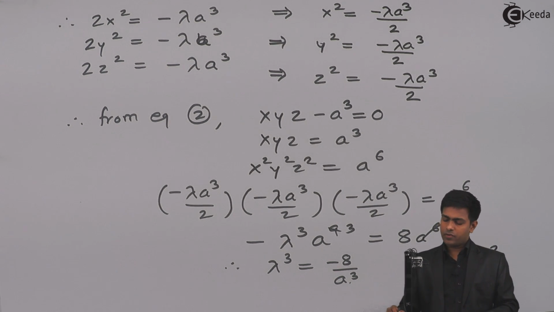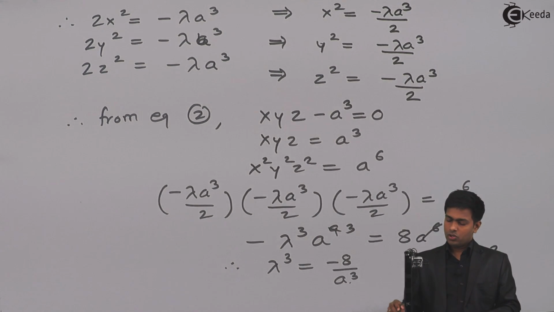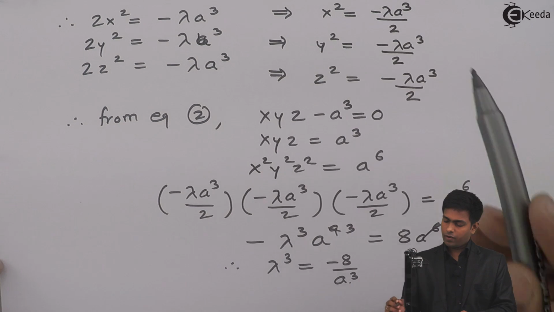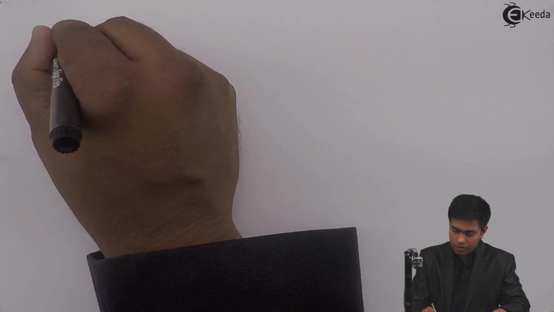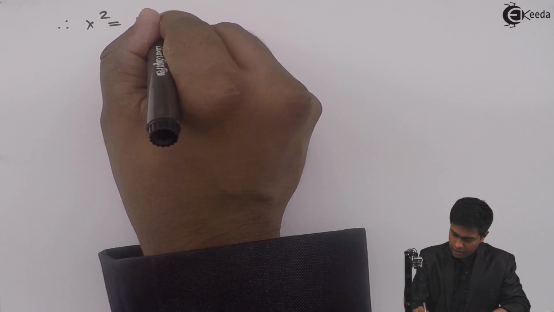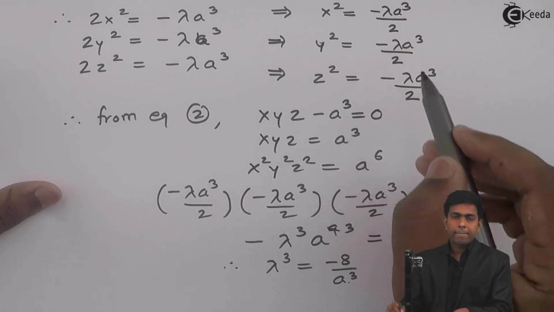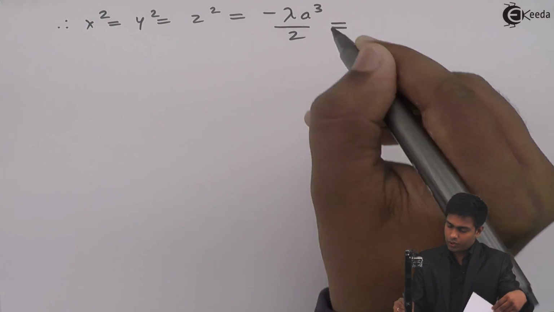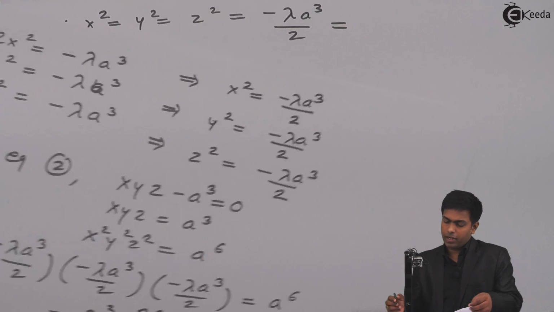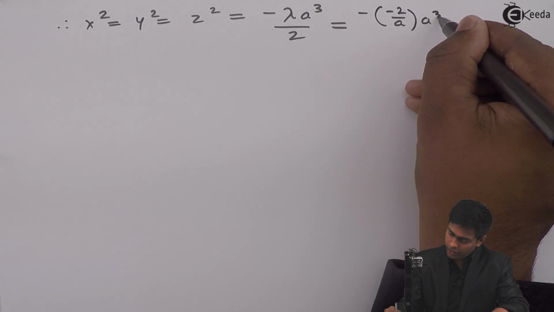Now we will substitute this value of lambda in the values of x square, y square and z square. So here we will get x square as minus lambda a cube upon 2, where the value of lambda is minus 2 by a. Because all three values are equal, it will become minus minus 2 by a into a cube upon 2.